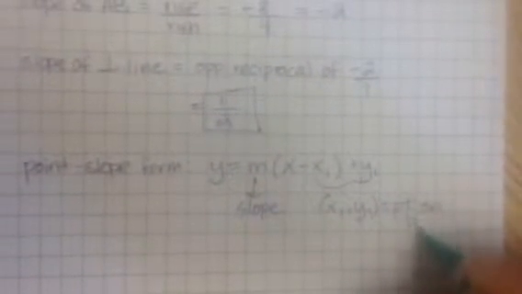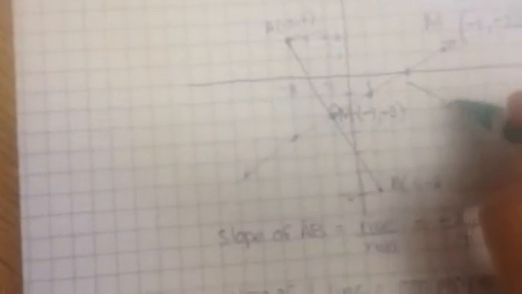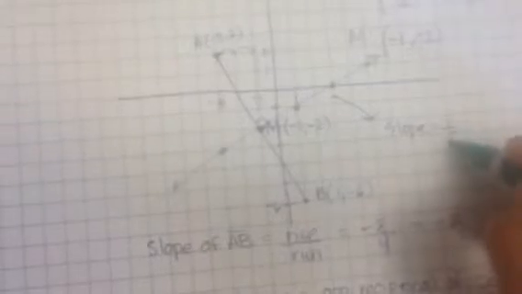And from these two, x1, y1 is a point on the line. Well, I have both of those things. I know that the slope of this line here is 1/2, which is m in my equation, and I have the point -1, -2.